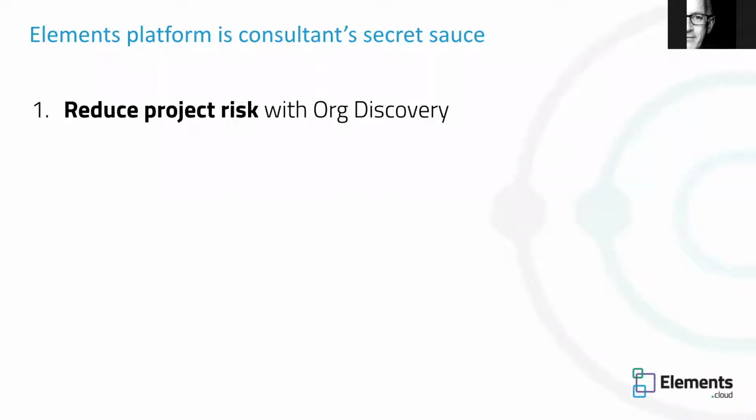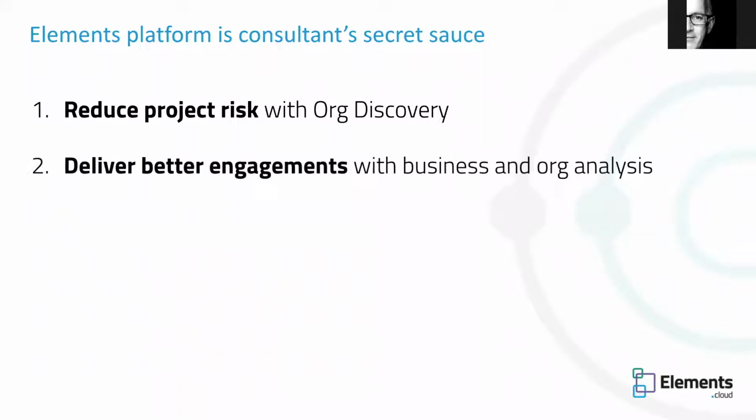The second area I'm going to pick up is then how do you deliver better engagements, whether that is a one-off project or whether you've got a continuous engagement with a customer where you have a managed service.